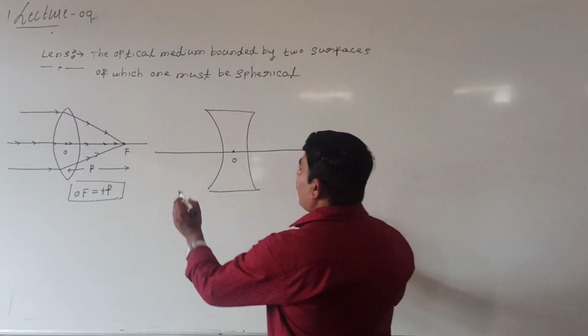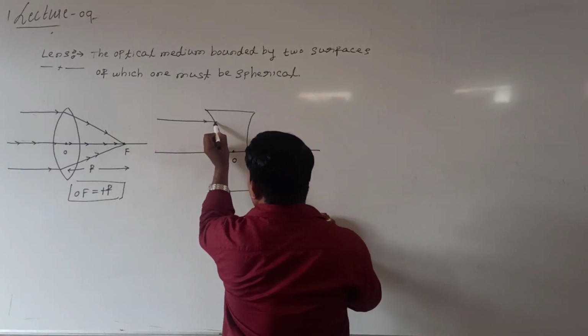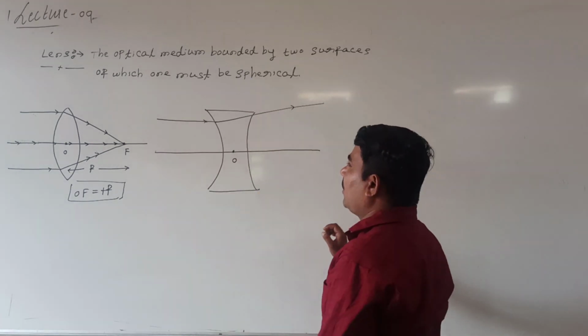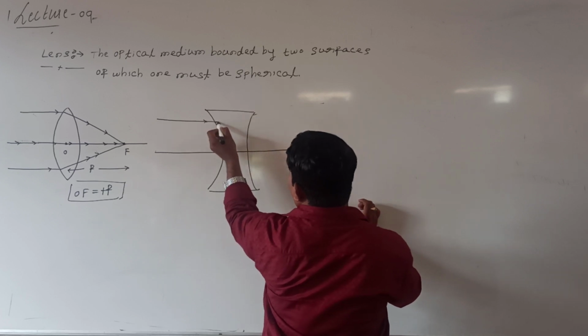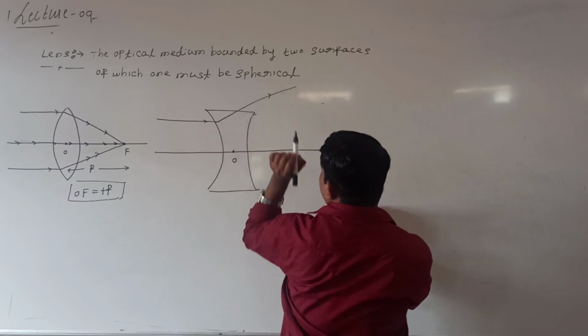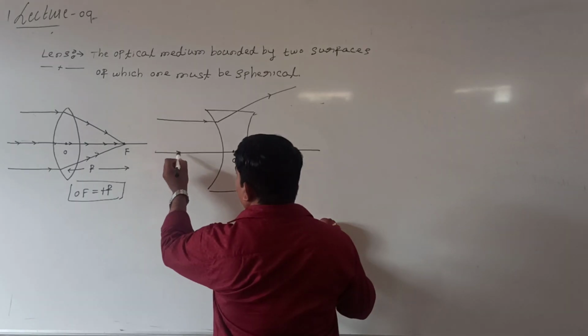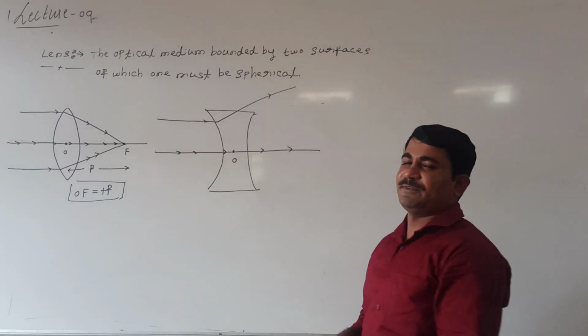Whenever the ray of light is incident at this point, after refraction the ray of light can go like this, or you can take like this also. Again, if the ray of light passes through the principal axis, this ray of light is never deviated according to the assumption.